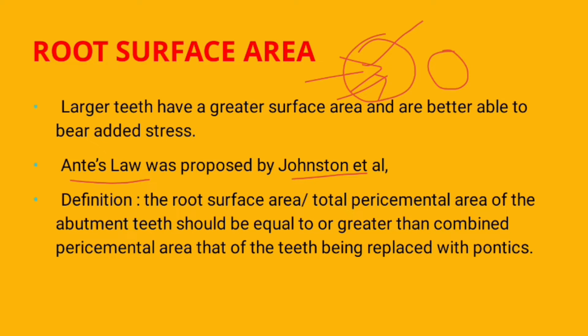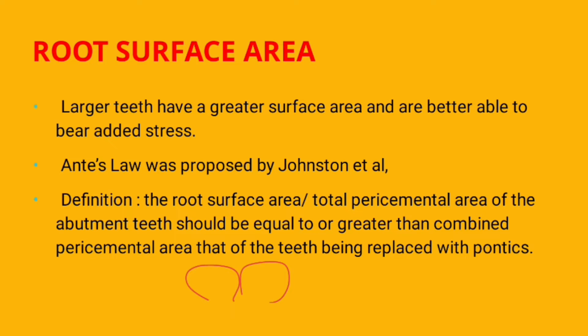And the definition is that the root surface area or the total periodontal ligament area of the abutment teeth should be equal to or greater than the combined periodontal ligament area of the teeth being replaced with pontics. That is, consider here you have 1, 2, then 2 teeth missing. Again you have 2 teeth.